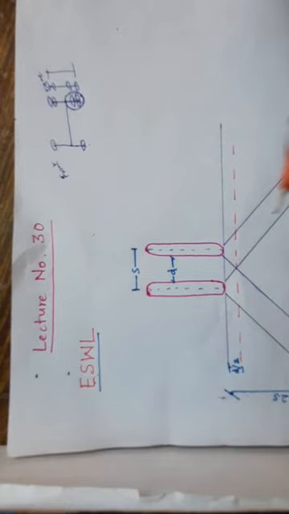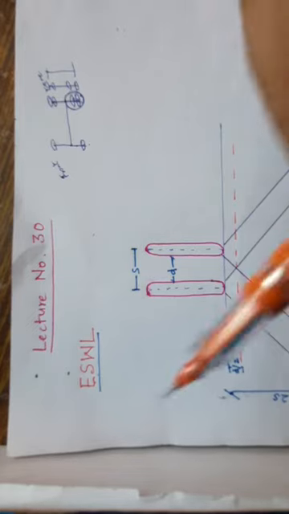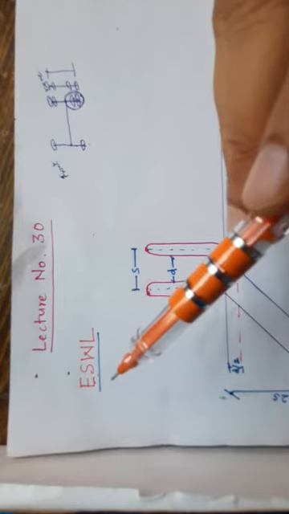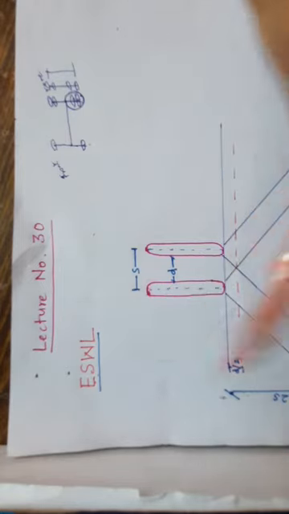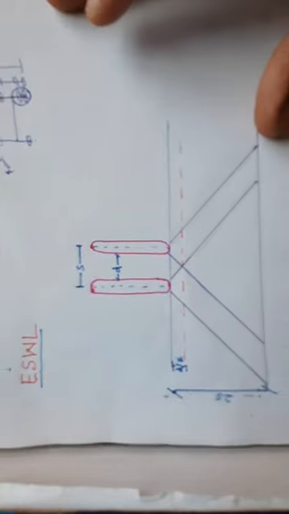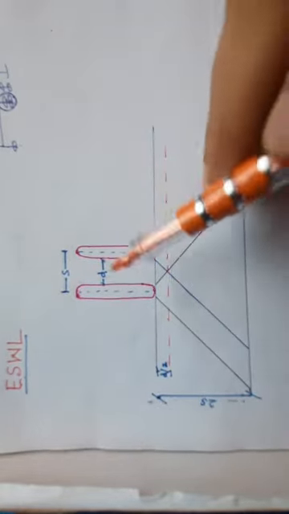Thus the equivalent single wheel load at the selected depth Z may be determined based on either equivalent deflection or equivalent stress criteria. Suppose this is the setup, where we have two wheels.